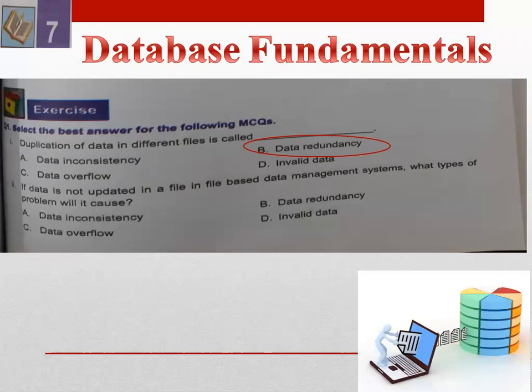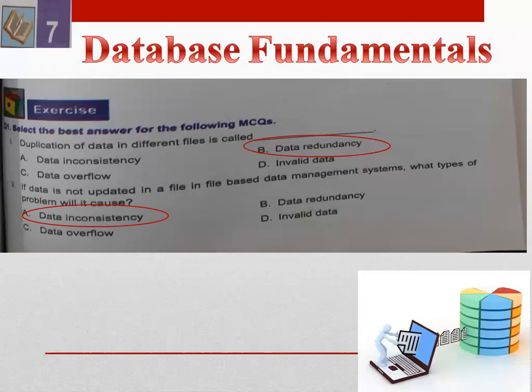Yes, dear students, what do you think? What is the answer? Yes, the answer is A, data inconsistency. If data is not updated in a file, it means that it is inconsistent.